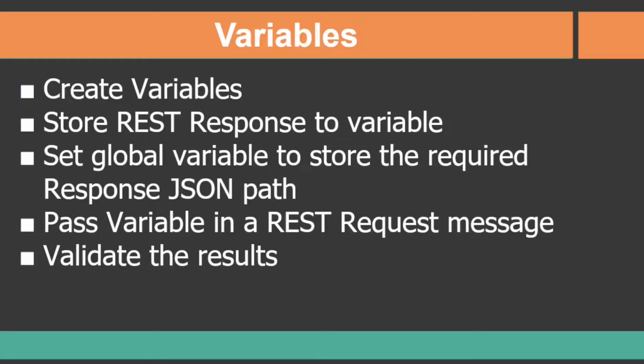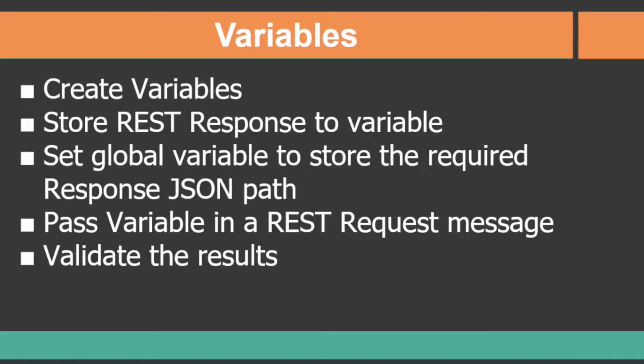In this lesson, I'm going to teach you how we can create a variable and how we can store the REST response into a variable. So whenever you send a request, you are going to get the response. So we are going to store the entire response into a variable, and then how you can set a global variable to store the required response JSON path, and how you can pass the variable into a request message.